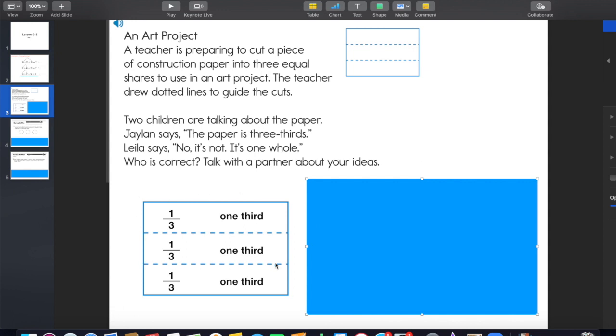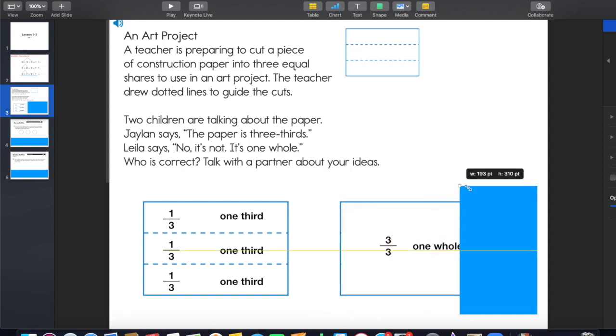This share down here would also be 1/3. And this share down here would be 1/3. Each of them is an equal share, and the paper is broken into 3 parts, so each share is 1/3. So I kind of thought about it like that. And then I thought, well, they're talking about 3/3 and a whole. So how else could I look at this sheet of paper?